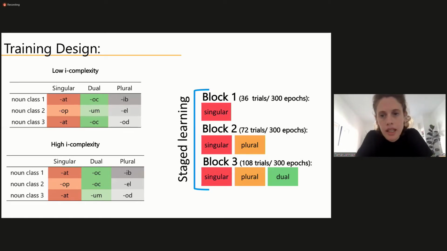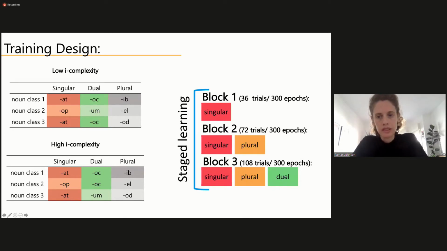And for both RNNs and human learners, we trained them on the language with a staged learning design. In block 1, they were exposed only to the forms in singular from the entire language. In block 2, they were exposed to singular and plural forms. And only in block 3, they were exposed to all forms, including the dual forms.